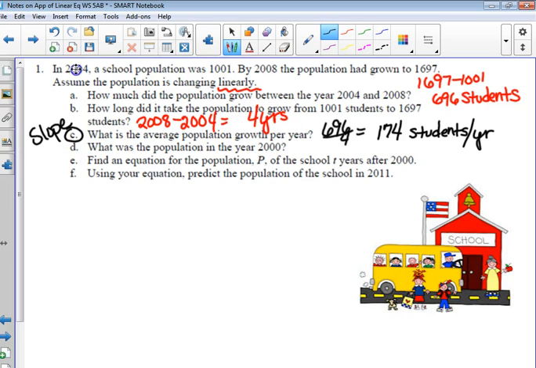Yes, actually, this was 4 years in the beginning, right? So we could just go back that same amount. Otherwise, we could say in 2004, it was this much, and it was 174 being subtracted off for 4 years. It's going to be exactly the same thing as if you subtracted 696. It's 305. Okay.